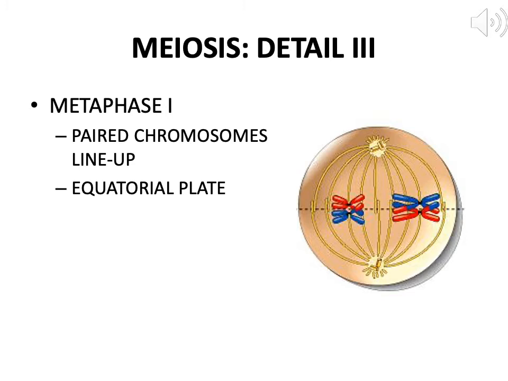They line up, much like the process of metaphase in mitosis, at that imaginary plane in the middle of the cell that's called the equatorial plate. And looking at the picture here, you'll notice that the spindle is there all ready to start moving these homologs apart. Because you'll remember, meiosis 1 is the separation of homologs. And so of those paired chromosomes, the red one will move in one direction and the blue will move in the other.